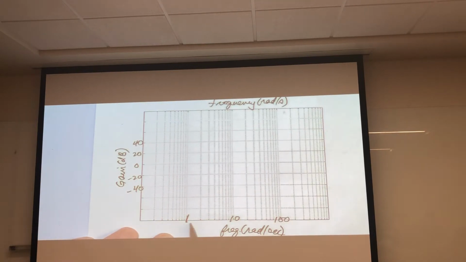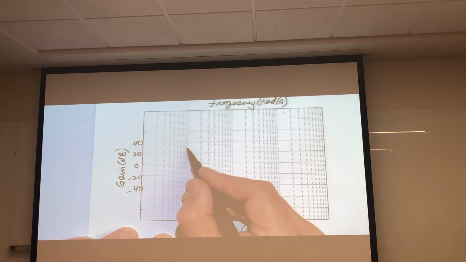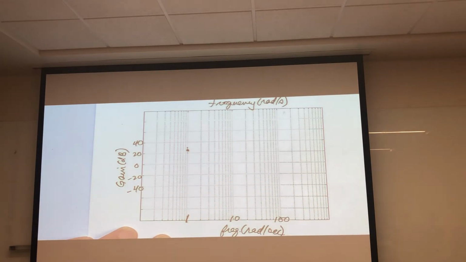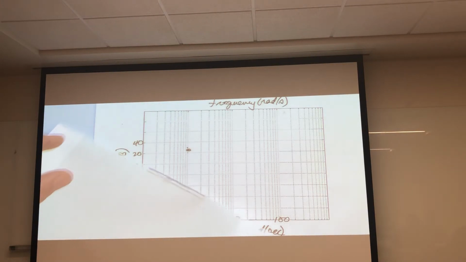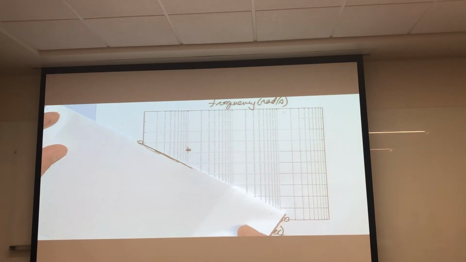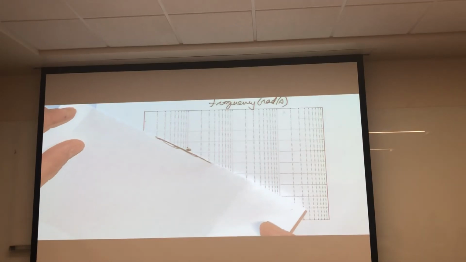Here's omega equal to 1, 26 dB is, let's see, here's 20, 40, 30, 26 is roughly there. I need to draw a line that goes through with a slope of 40 dB per decade. 40 dB per decade is going to look something like this kind of slope, but I need to put it right through here.